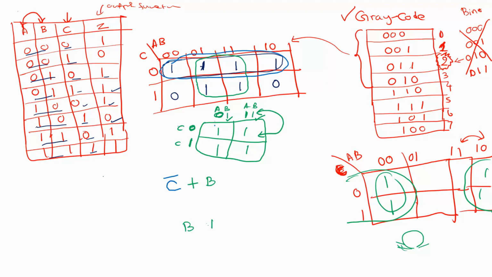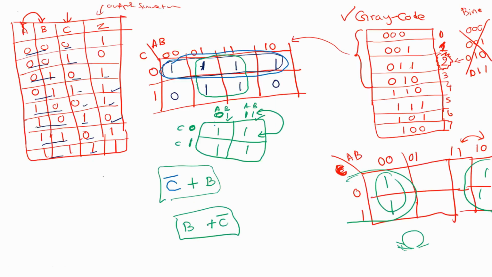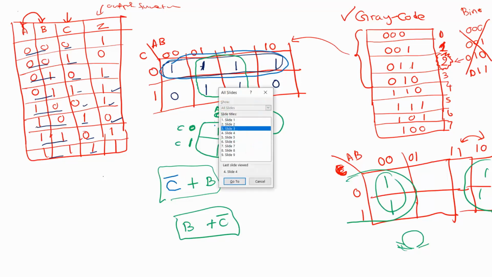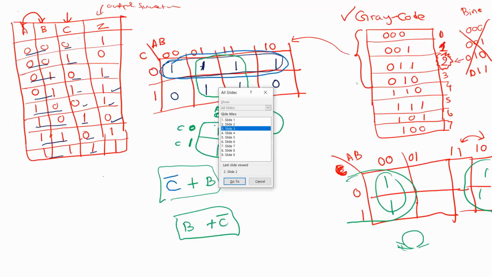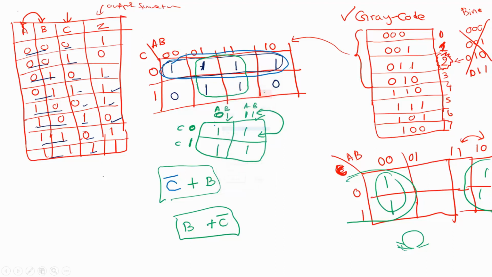You can write either B plus C bar. Okay? Both are correct. Clear? Is there anything unclear? If there is anything you don't understand, tell me. No?